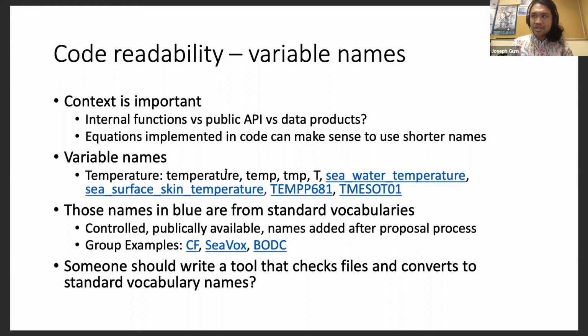But we shouldn't be going back to temperature, temp, T. Who knows if it's actually just a temporary variable that you're kicking around, or if it actually means seawater temperature, or maybe it's the temperature of the air, or maybe it's the temperature of your sensor that you're making a measurement with. These names in blue are from standard vocabularies. Some of these are CF, CVOX, BODC. Maybe somebody should write a tool that checks files and converts standard vocabulary names between the different vocabularies.